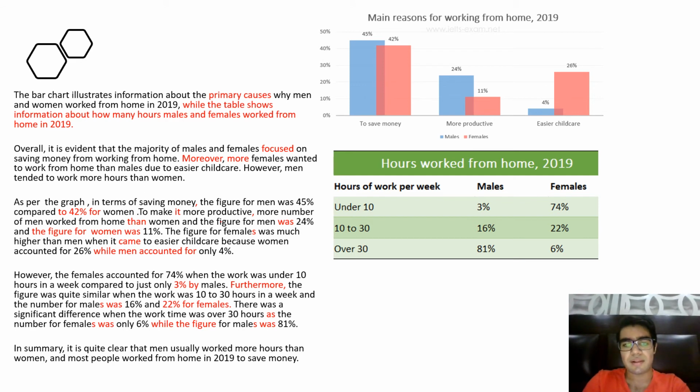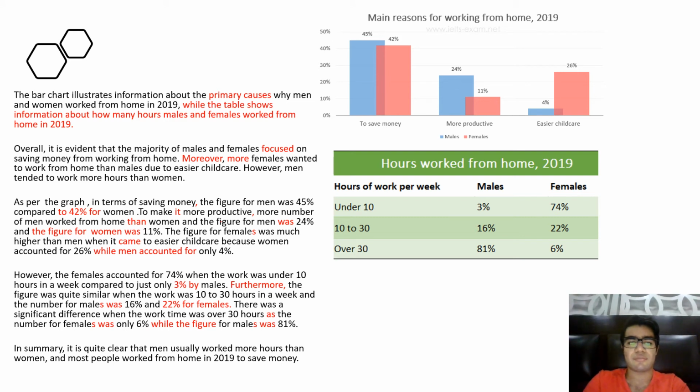The figure for females was much higher than men when it came to easier childcare, because women accounted for 26% while men accounted for only 4%. Okay. However, the females accounted for 74% when the work was under 10 hours in the week, compared to just 3% by males.